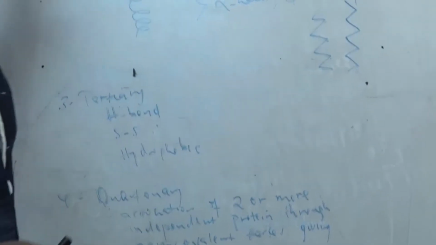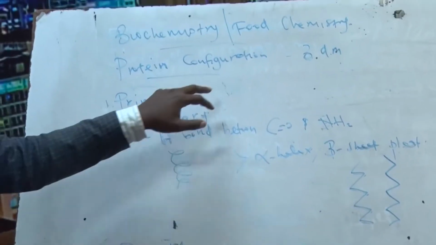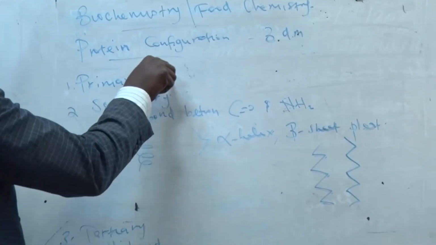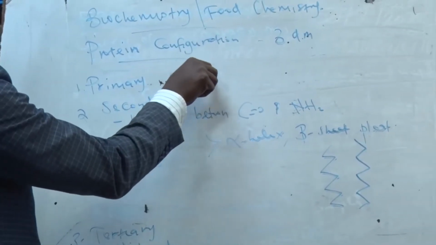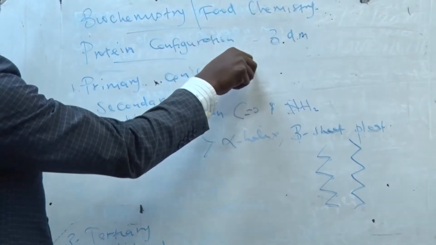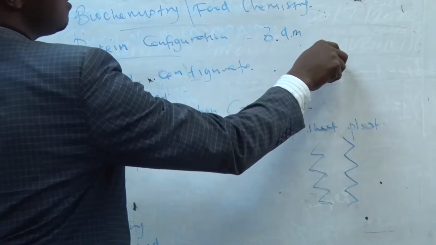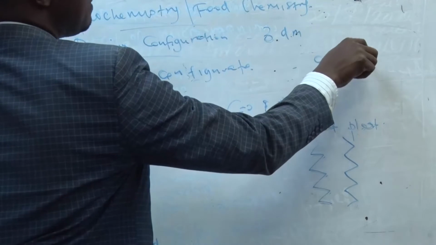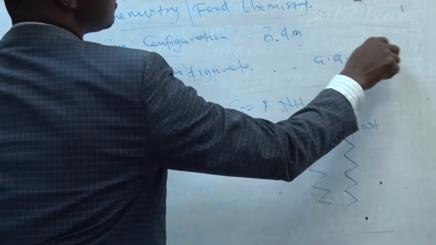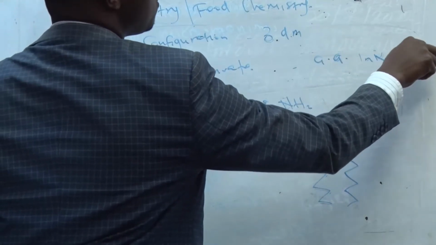Now, when we talk about primary configuration, this is where the amino acids link among themselves through the peptide bond.